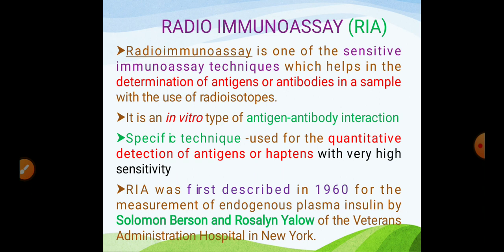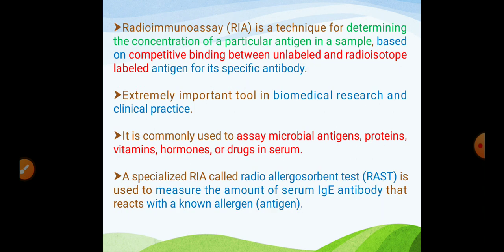The RIA was first described in the year 1960 by Berson and Yalow. The radioimmunoassay technique helps to determine the concentration of a particular antigen in a sample based on the competitive binding between unlabeled and labeled radioisotope antigens to a specific antibody.